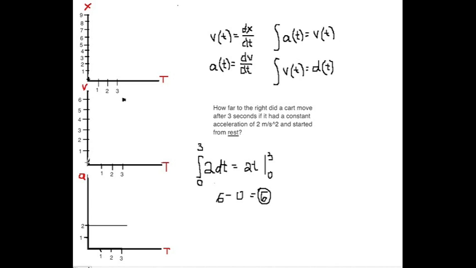So velocity is 6, and you know velocity has to be a straight line. So you can do another definite integral to find all this area under the curve. So it's the definite integral from 0 to 3. You know that the graph of velocity is 2t.